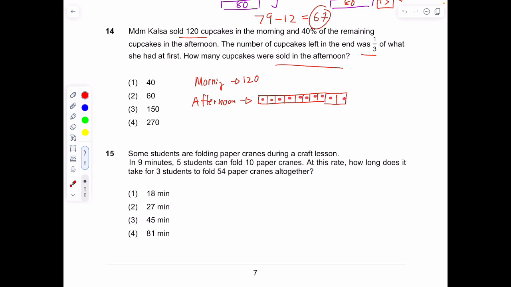Eight, 9, 10. Okay, so this was sold in the afternoon. So therefore, what was left was actually 1/3 of what she had at first, of the original amount. Correct?